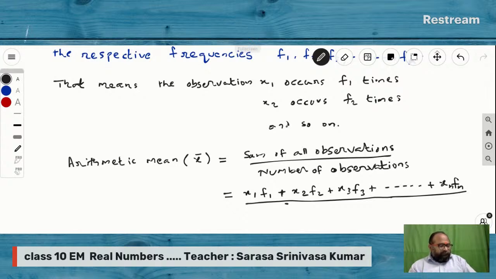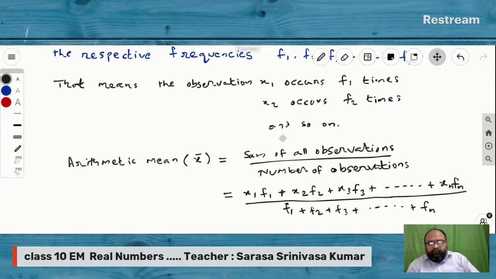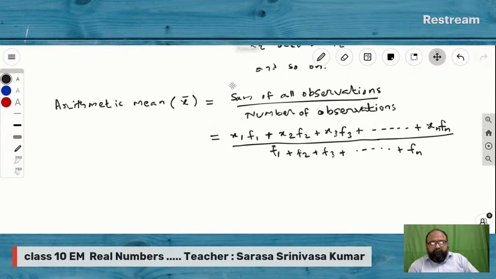Number of observations is nothing but f1 plus f2 plus f3 and so on plus fn. So using this formula we find the arithmetic mean of ungrouped data.